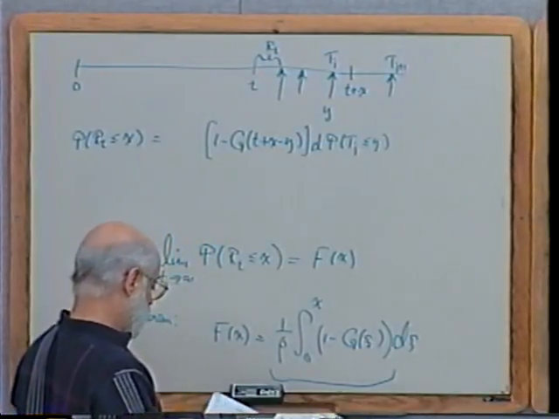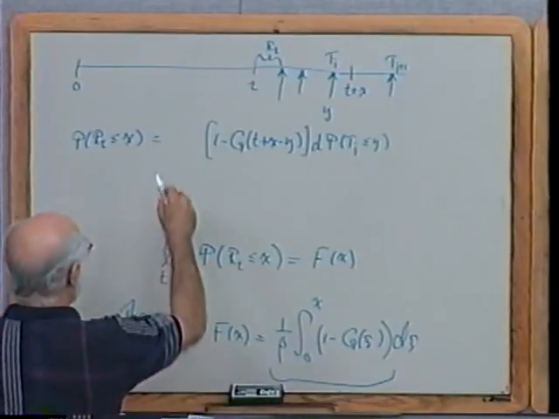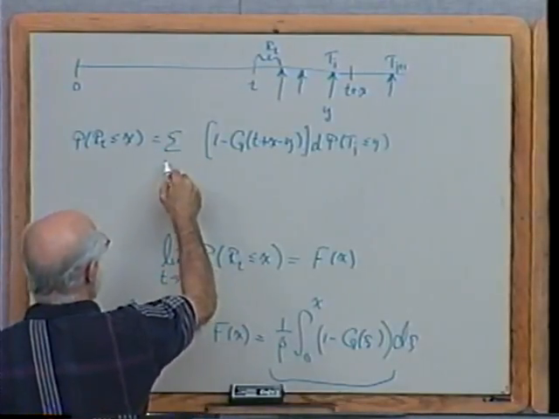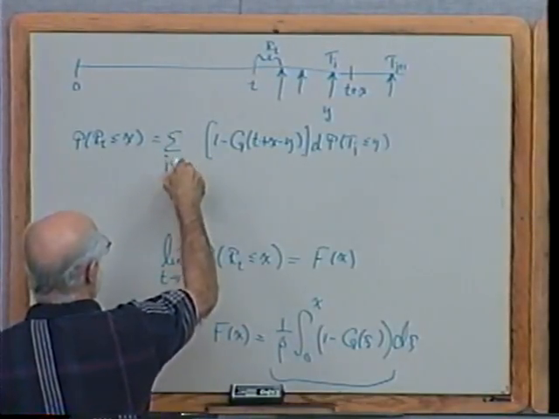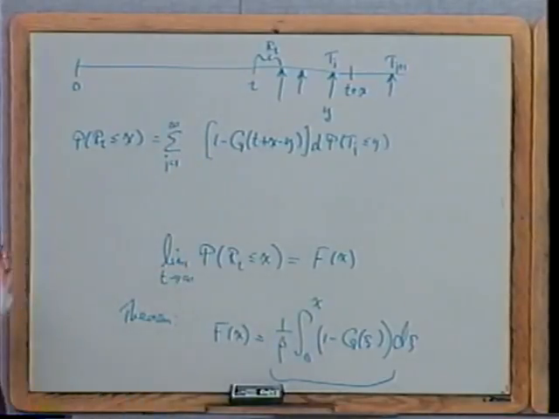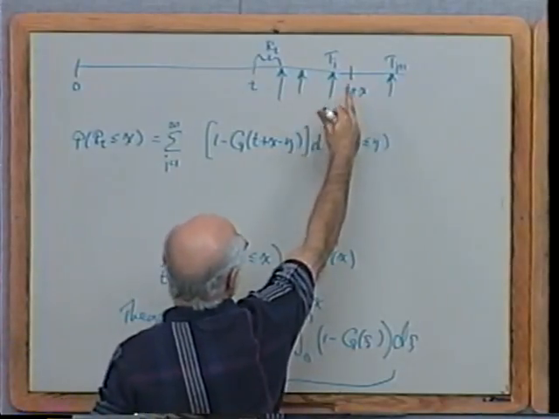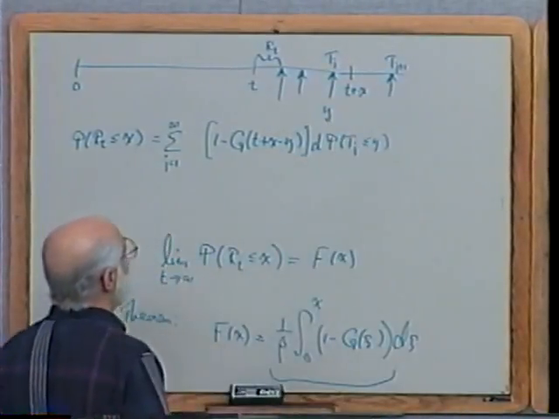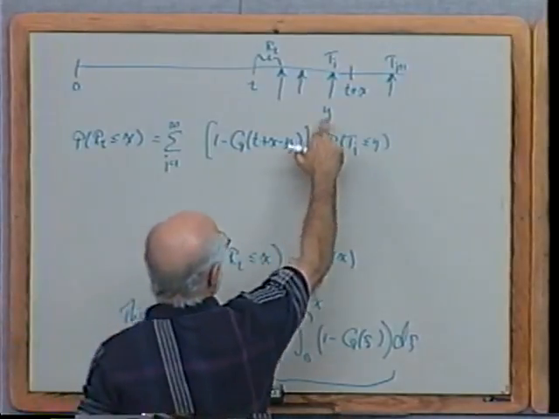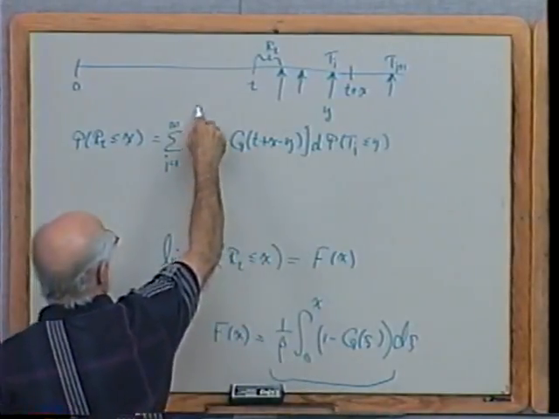So now what I have to do is add that up over all values of j from 1 to infinity. But also remember that I have to integrate this over all values of y that lie between t and t plus x.